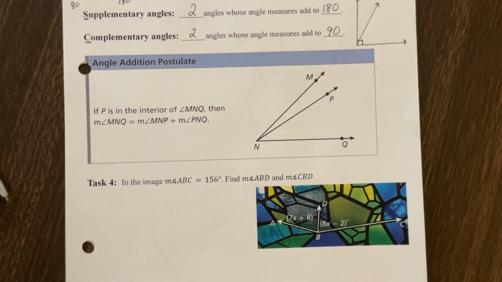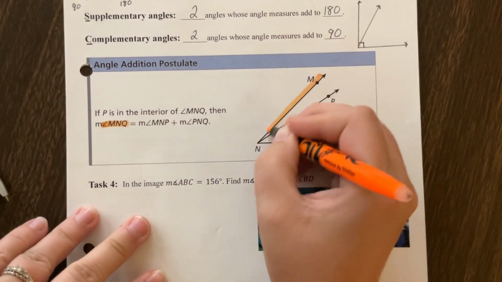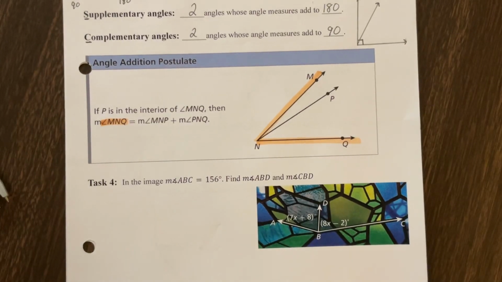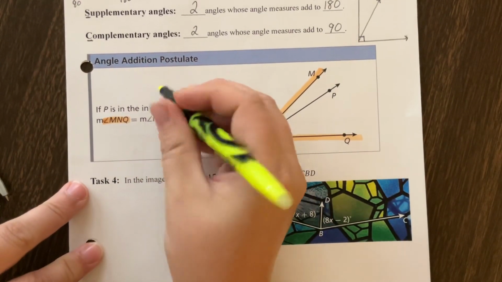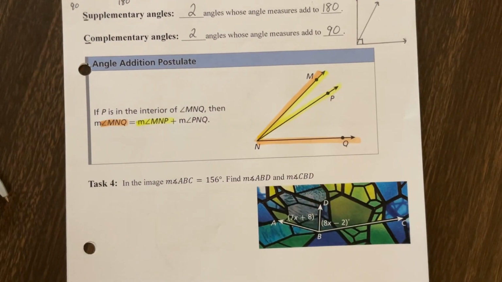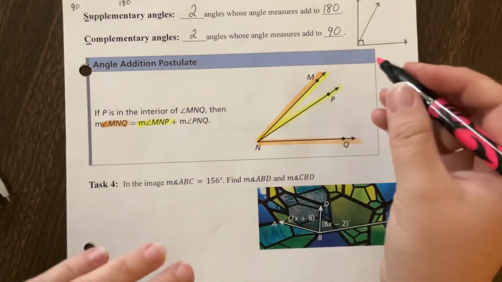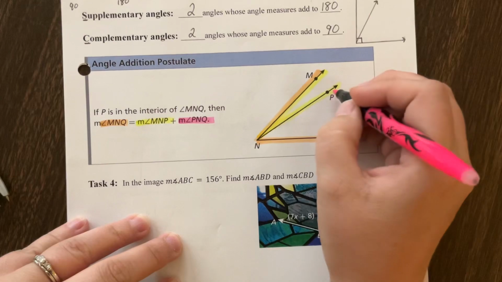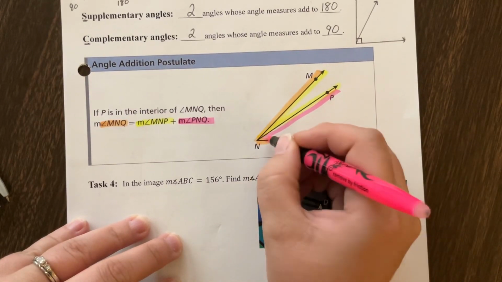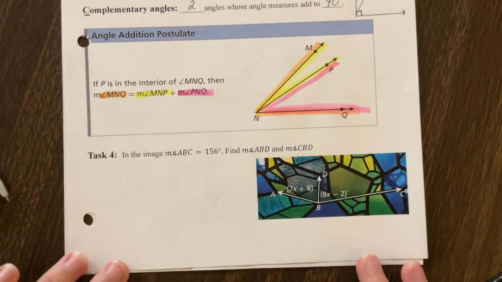So this is saying that this whole angle, angle MNQ, is made up from adding angle MNP, that little angle, and adding it to angle PNQ. Okay. So the two angles added together make up the entire angle. Very straightforward idea, but we use it often.